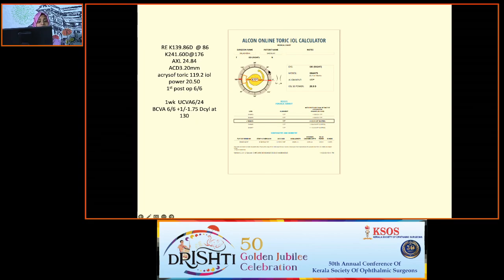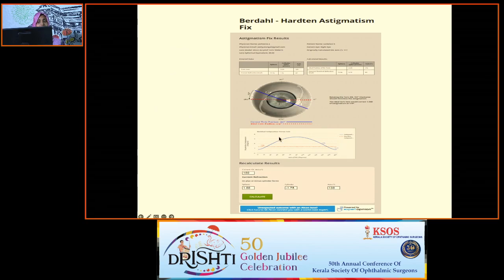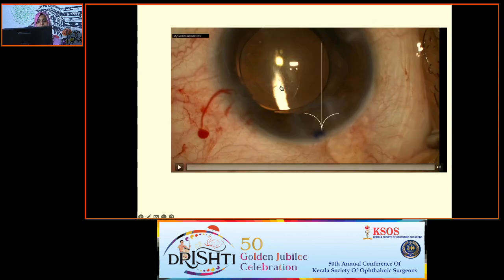His initial IOL axis we calculated in the Alcon online calculator was 177 degrees, but when he came at 1 week it was at 130 degrees, and when checked, we have to rotate it to 179 degrees. So how will we rotate?